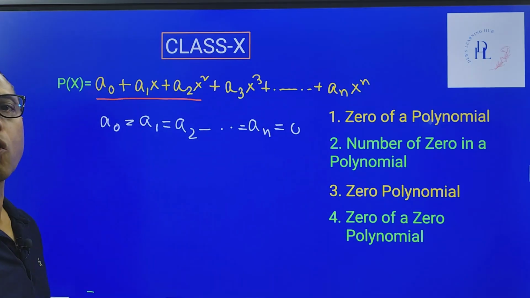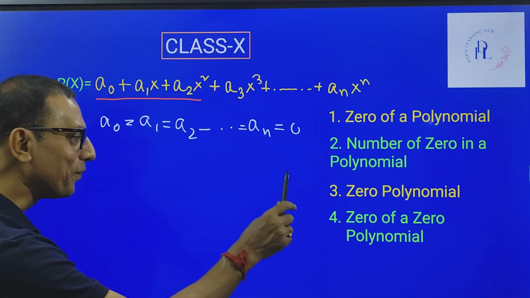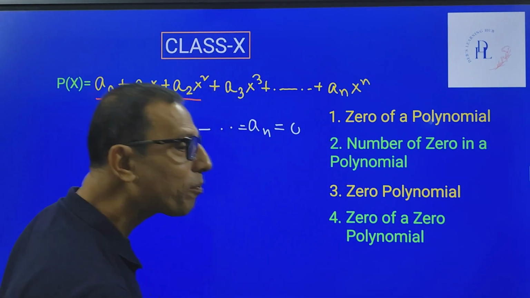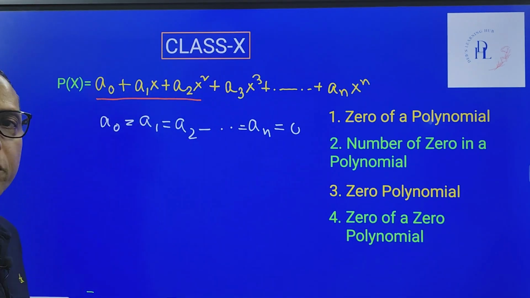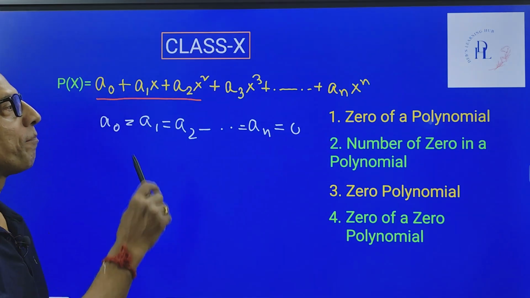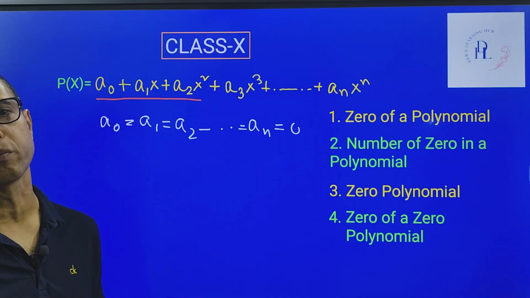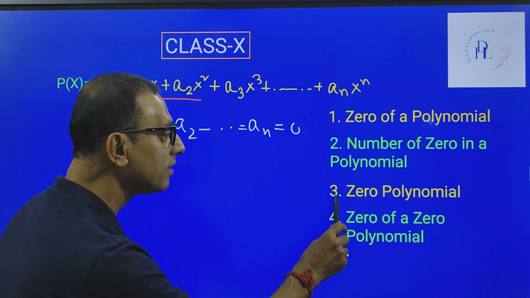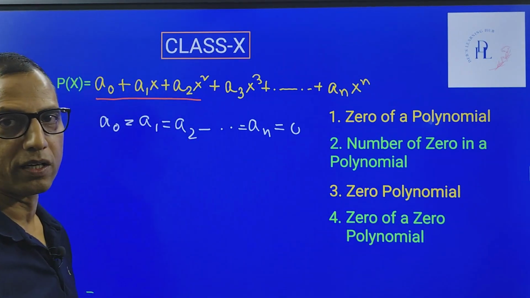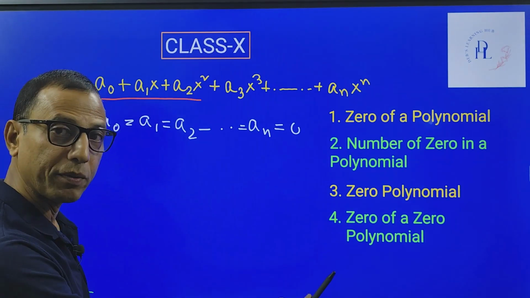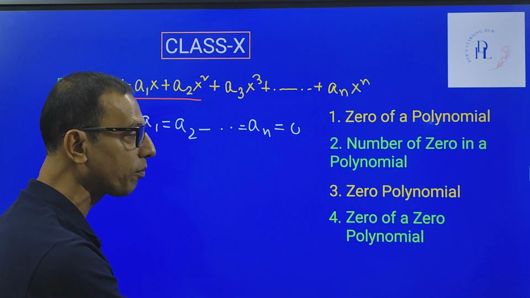So there is no question of a variable in that case, right? So when it is asking the zero of a zero polynomial, what have I said the zero of a polynomial means? The value of the variable for which the value of the polynomial becomes 0. Here it is saying the zero of a zero polynomial.